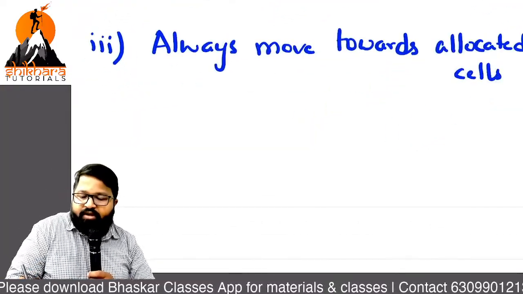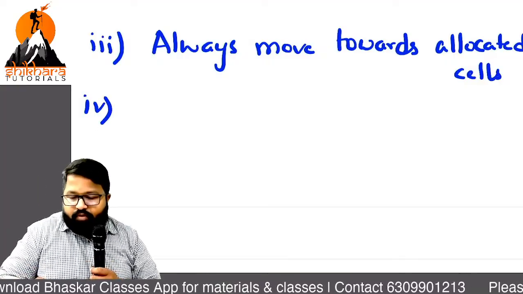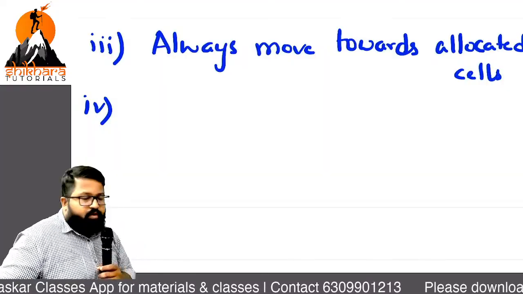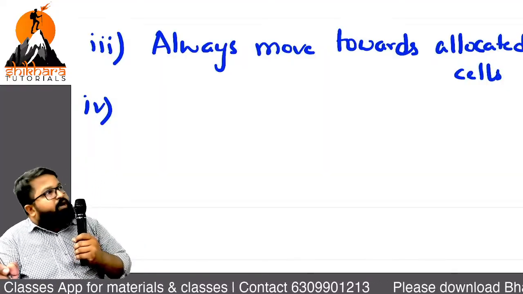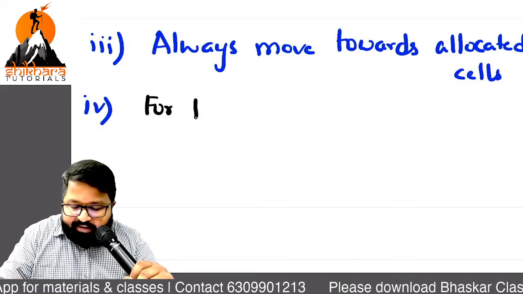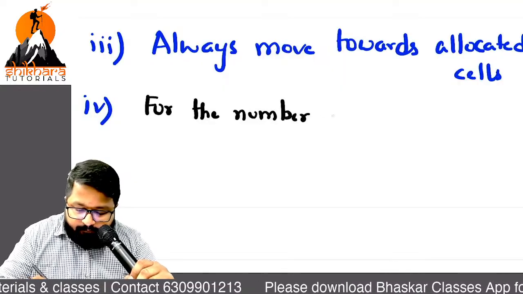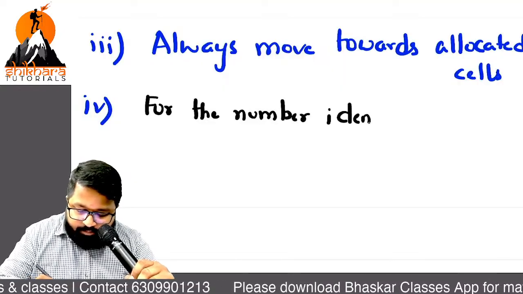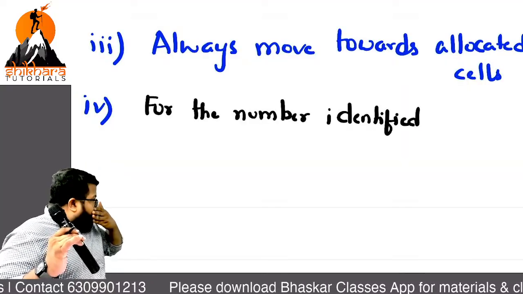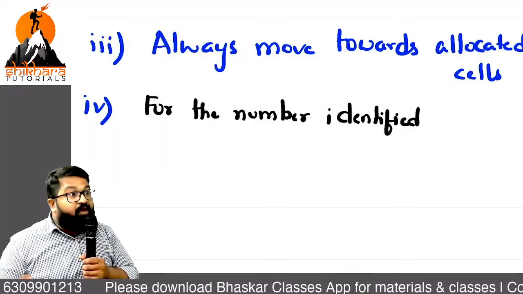Now, write the 4th point there. What is the 4th point, sir? For the number identified, is it allocated or unallocated? Unallocated.